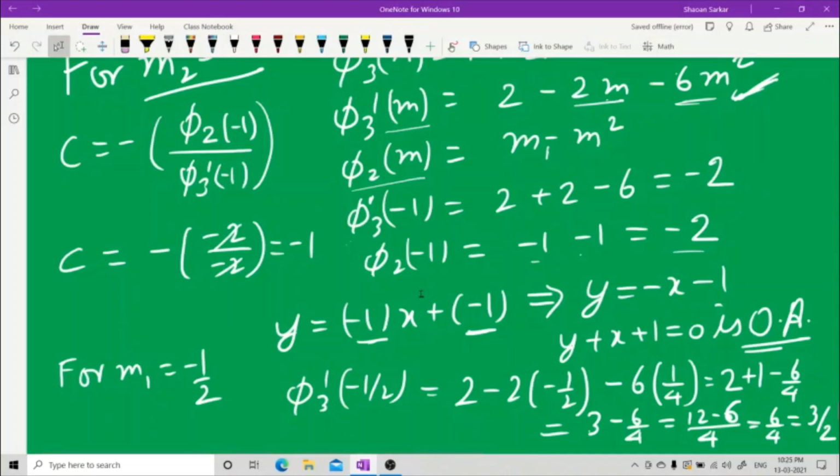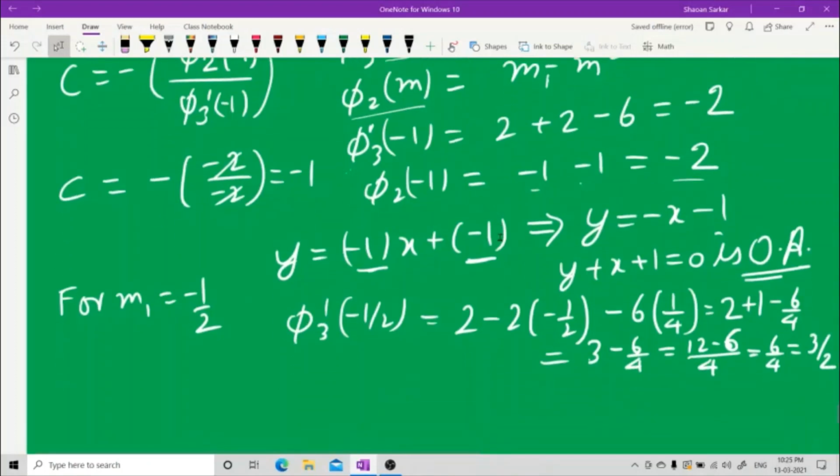Now phi 2 at minus half, I need this one. Phi 2 at minus half is nothing but minus half minus 1 by 4, and this will be minus 3 by 4. Now let me recheck it once more.